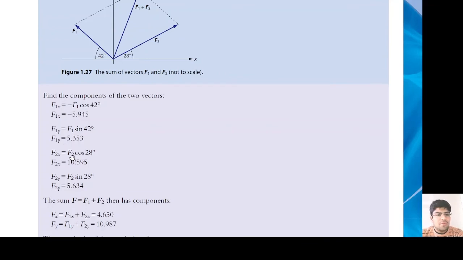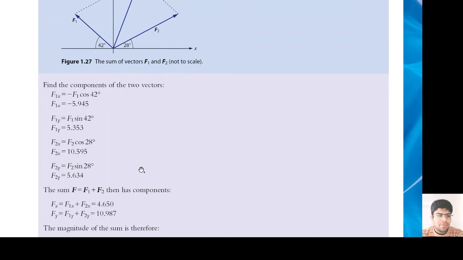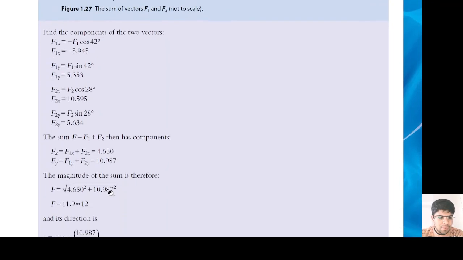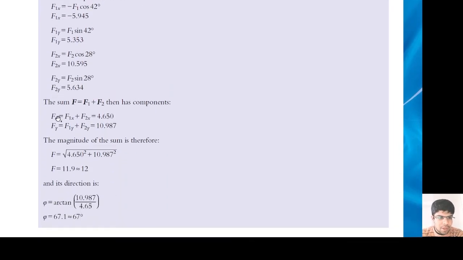F2x is F2 cos 28 degrees, which is 10.59, and F2y is F2 sin 28, which is 5.634. Then the sum: Fx is F1x plus F2x, which gives 4.65, and Fy, the F1y plus the F2y, gives 10.98.